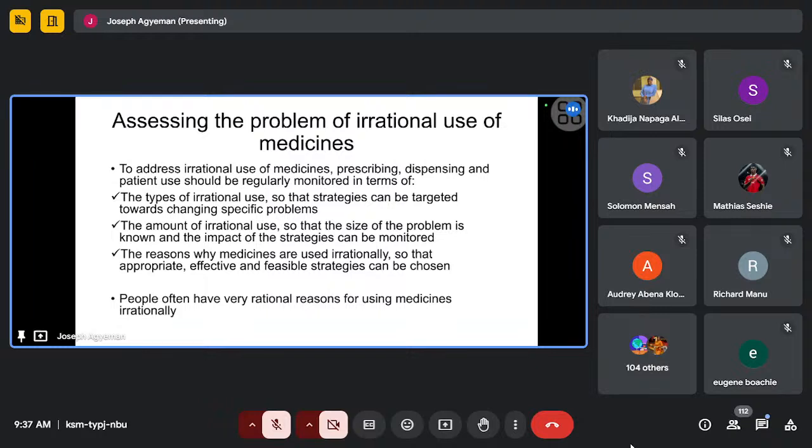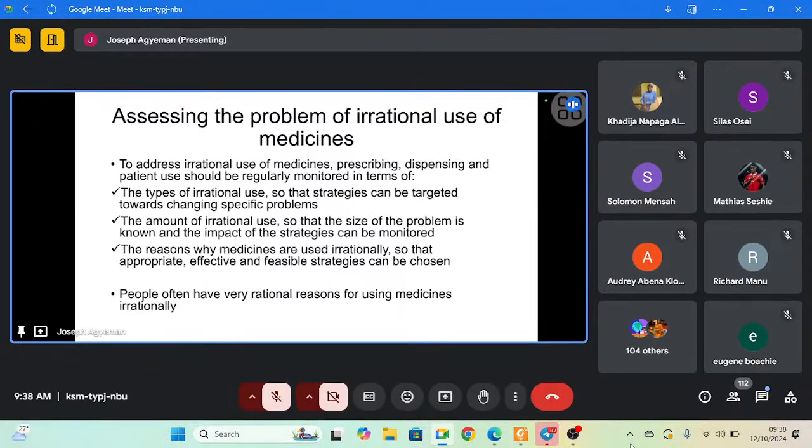To be able to address the issue of irrational drug use, it starts all the way from those who prescribe, those who dispense, and the end users. Remember, we said 50% of prescribers, 50% dispensers, 50% consumers. We all are at fault when it comes to irrational drug use.